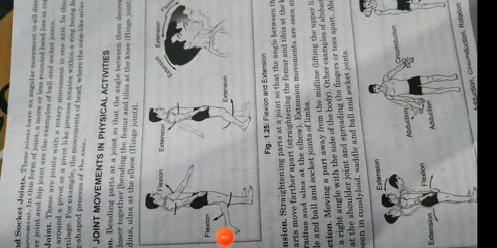When we join two bones, at the end of one bone there is a rounded head-like structure, and at the end of the other bone there is a cup-like cavity.